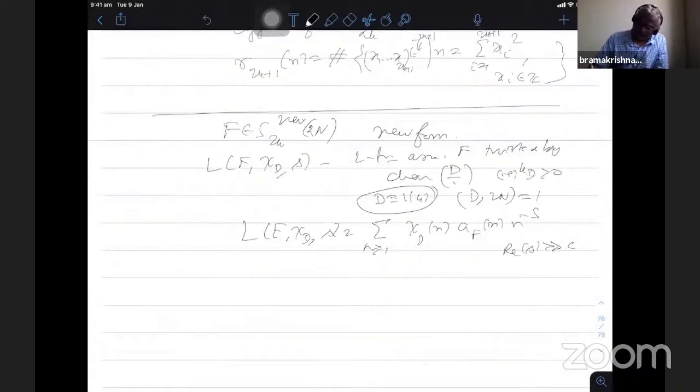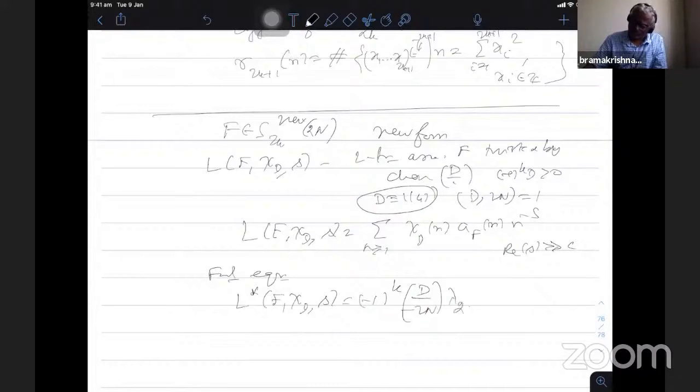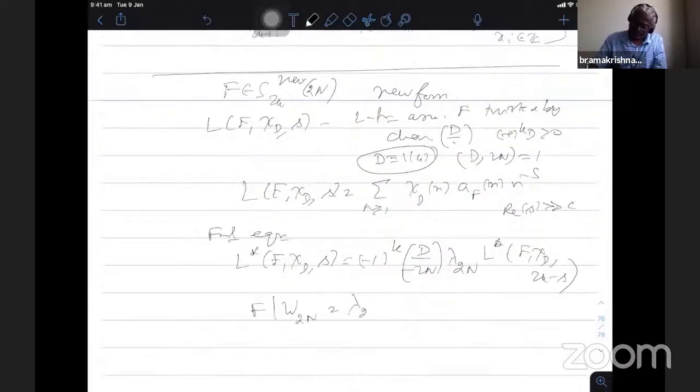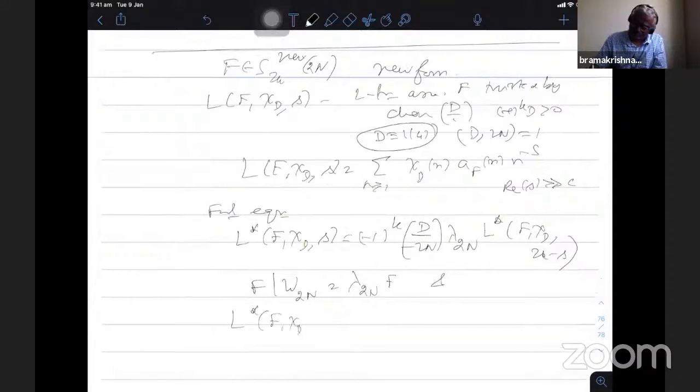Okay, it has a functional equation. So quickly we will see that L*(f, χ_d, s) is (-1)^k (d/-2n) λ_2n L*(f, χ_d, 2k-s), where f|W_2n is λ_2n f, and L*(f, χ_d, s) is (2π)^(-s) (2n d^2)^(s/2) Γ(s) L(f, χ_d, s), where Γ is the gamma factor.